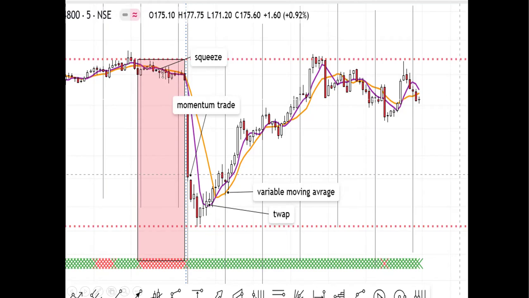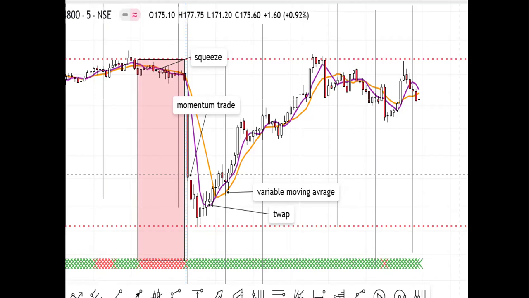You will not be under confusion. So you know that some momentum trade will come in the market. For which side the momentum will come, that will be taken care of by the TWAP and variable moving average.